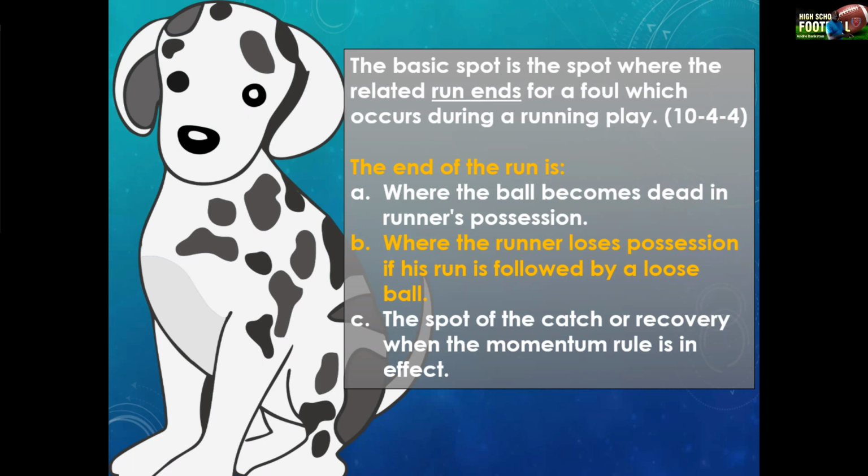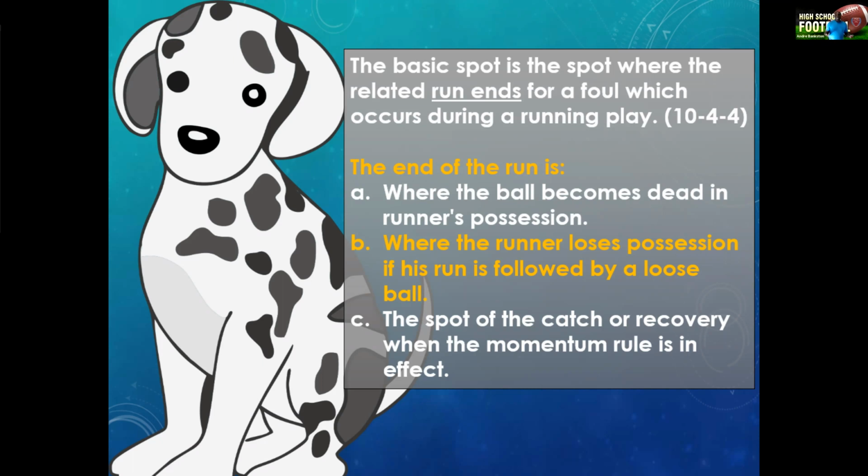The basic spot is where he recovered the ball. We don't beanbag every interception. We only beanbag recoveries or interceptions by B that put him into his goal line 5 yards or less. Okay? To let you know that.